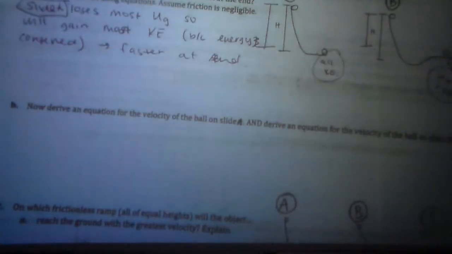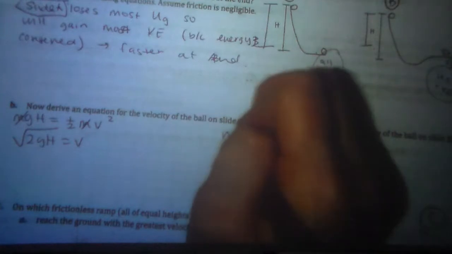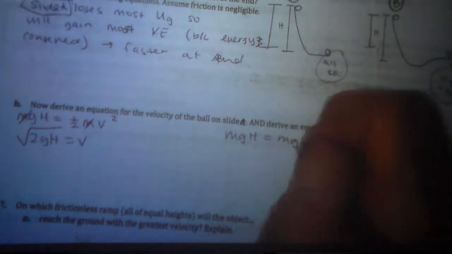Alright, derive an equation for the velocity of the ball on A and on B. So A is all potential, goes to all kinetic. M cancels, multiply by 2, take the square root. B is all potential, goes to some potential and some kinetic.